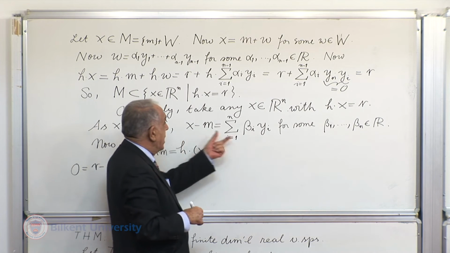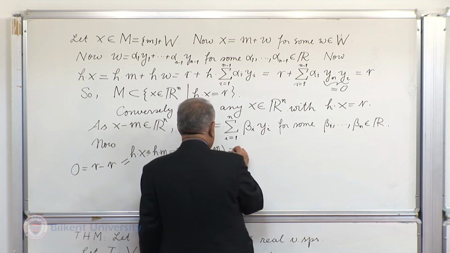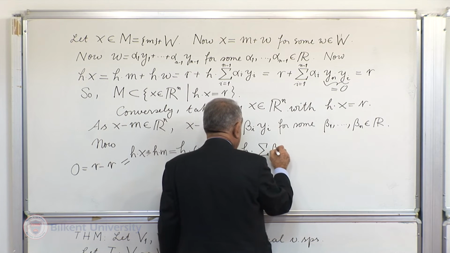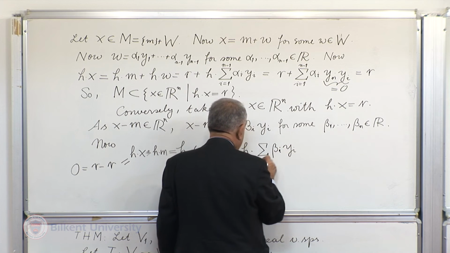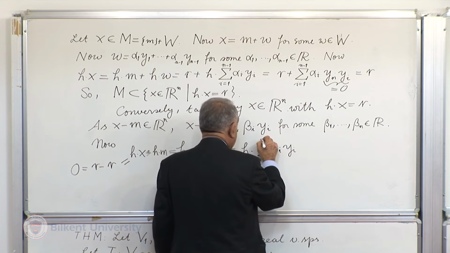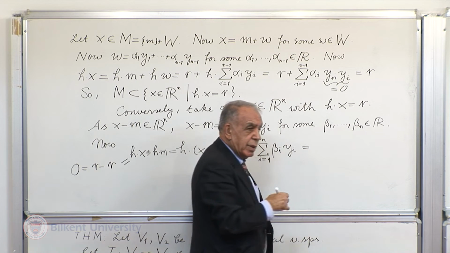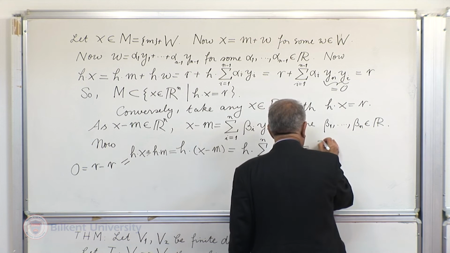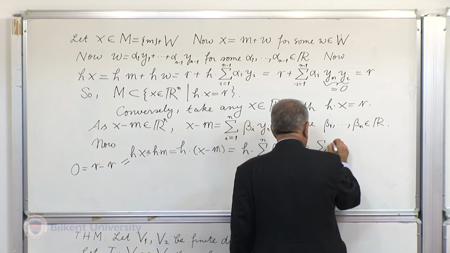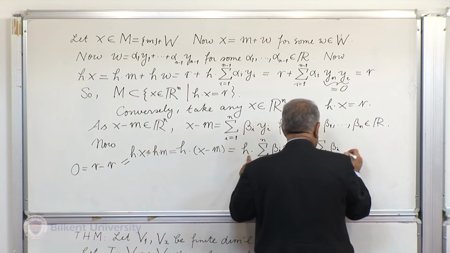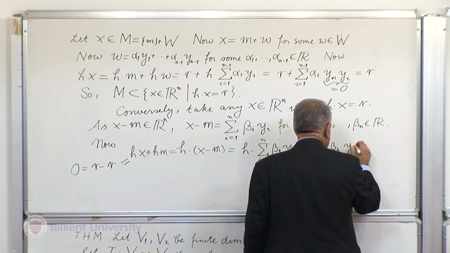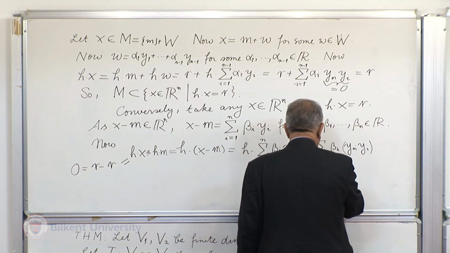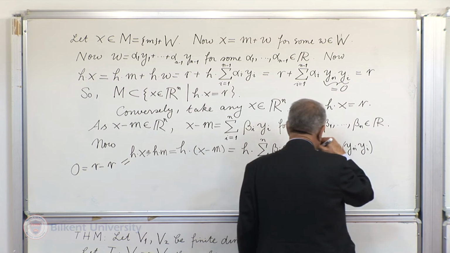But x minus m is this, so this is equal to h dot the sum of beta i yi, i from 1 to n. But now again, using the rules that the inner product satisfies, this is equal to the sum of beta i, h was yn, yn dot yi, i from 1 to n.